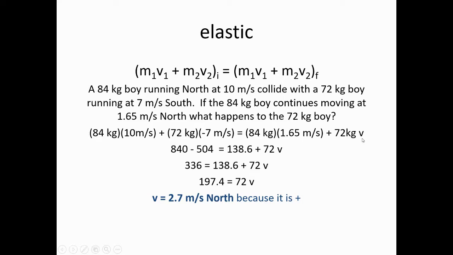His backward is north, though. It's positive. So you put your numbers in, make sure you do the math correctly, multiply each of these things first, then put them together, so you can see that they subtract. Then over here, you're going to subtract this 138.6 over, not dividing. You divide the 72 over to get to it.